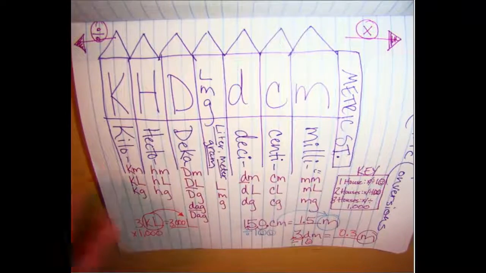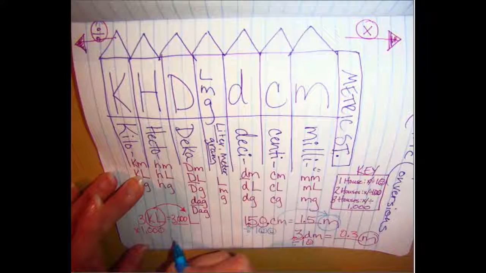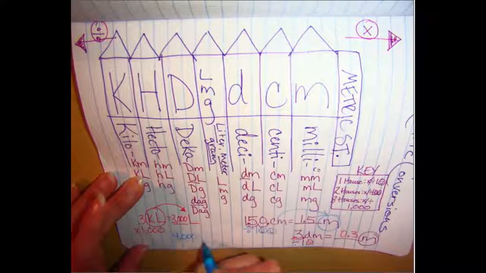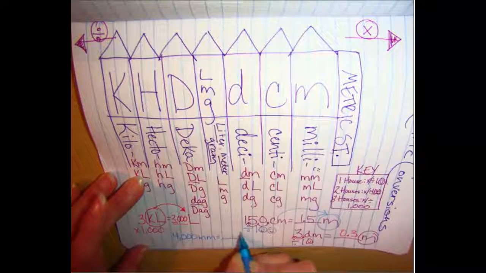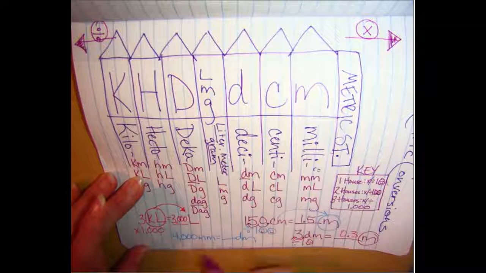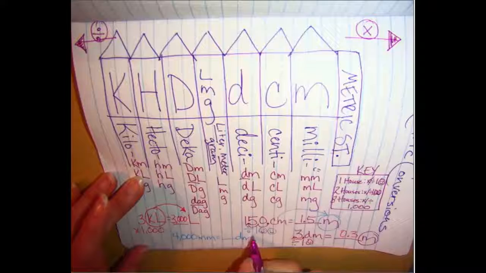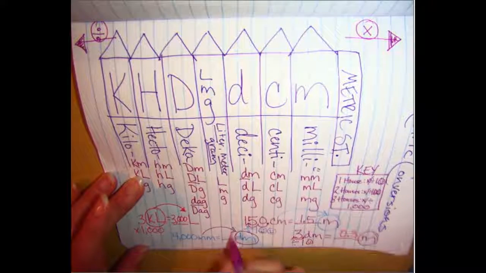Yeah. Sometimes it'll be simple, like 4,000 millimeters to, let's say, decimeters. Who's my big? Millimeter or decimeter? Decimeter. Am I going small to big or big to small? Small to big.